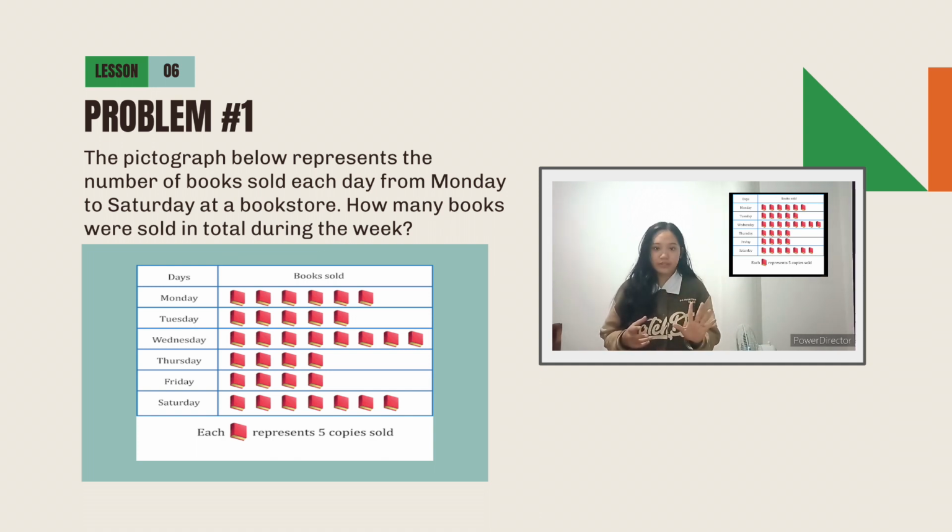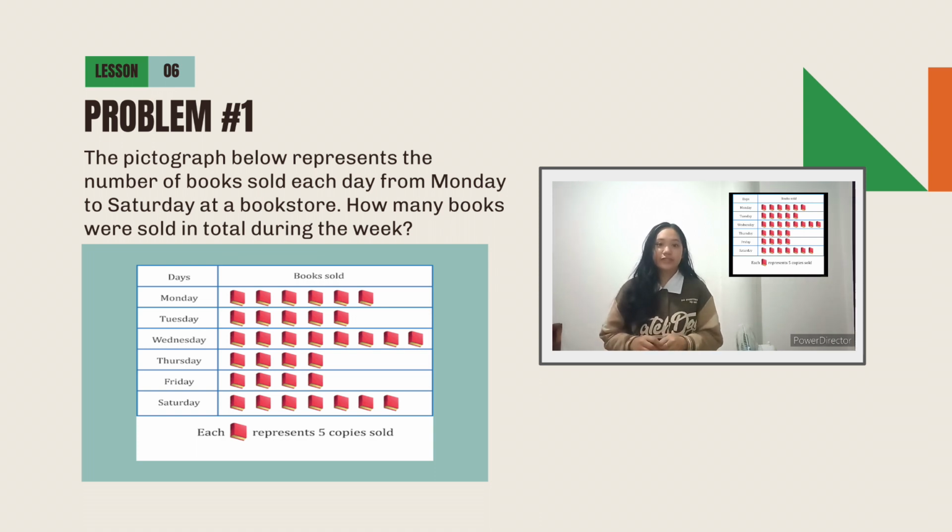representing 5 books. On Monday, there were 6 book icons equating to 30 books. Tuesday had 5 book icons representing 25 books. Wednesday had 8 book icons indicating 40 books. Thursday and Friday had 4 book icons totaling 20 books each.